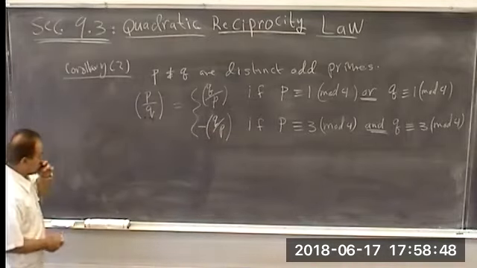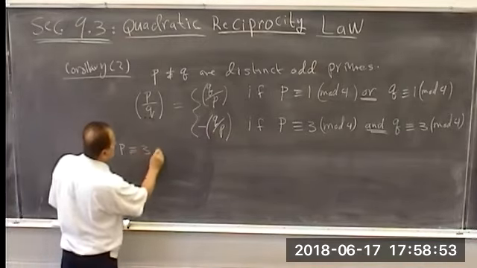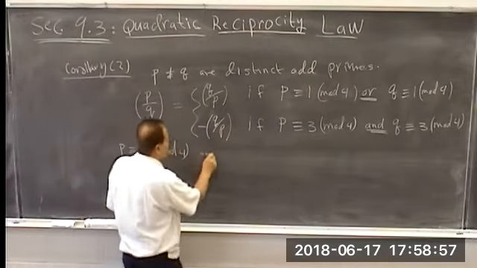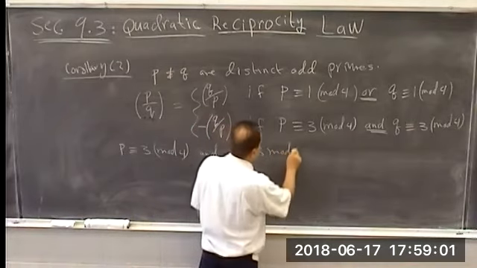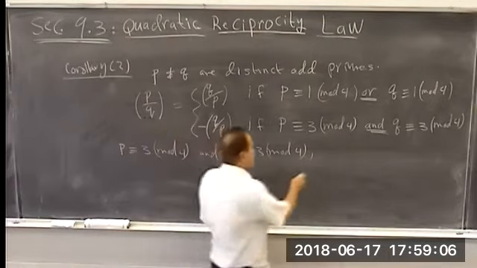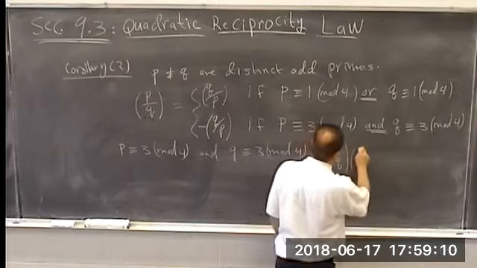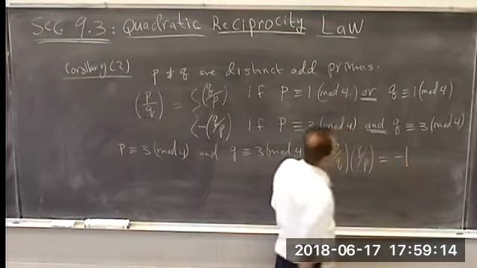So let's look at the second case, that is P is congruent to 3 mod 4 and Q is congruent to 3 mod 4. From the previous corollary, we said that (P over Q) times (Q over P) is equal to -1.